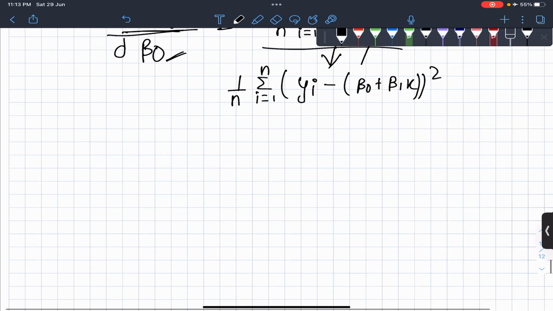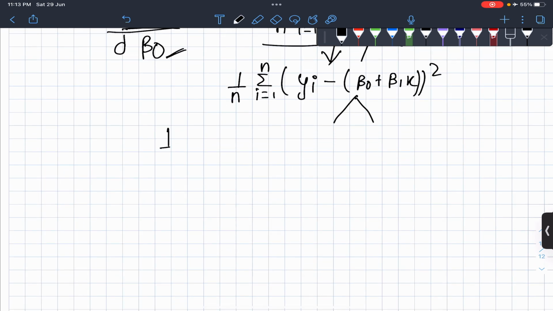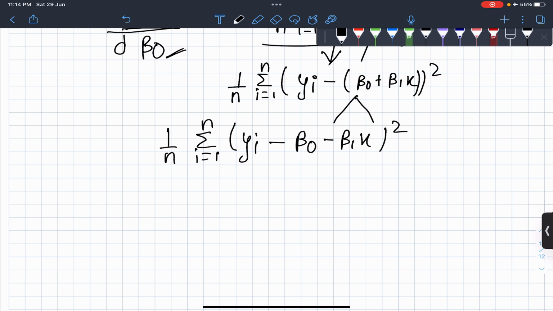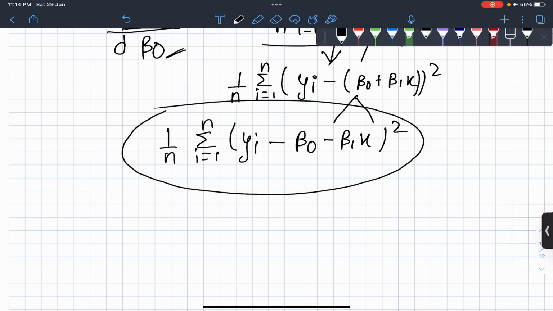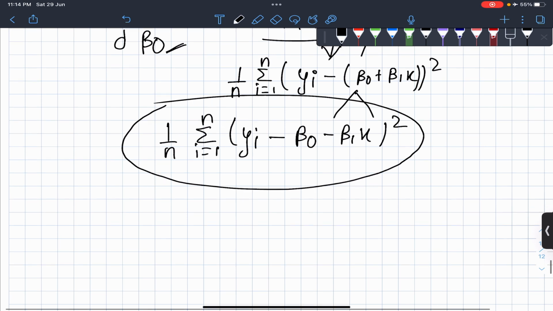Now we will also expand this: 1 by n, sum of yi minus beta 0 minus beta 1 x, squared. Now we have to apply the chain rule in it.